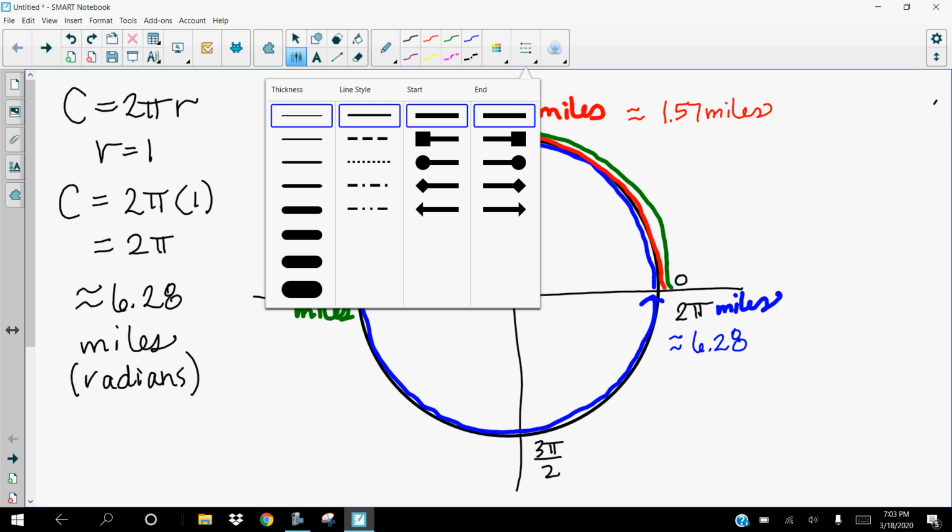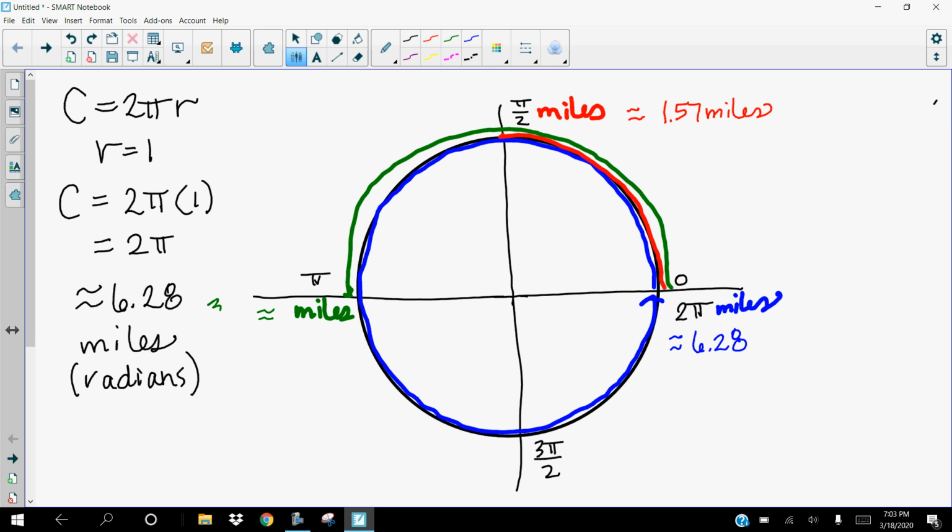Pi is approximately what, everybody? And everybody says 3.14, but I can't hear you because, you know, coronavirus sucks. Anyways, 3.14 miles. So if you took a tape measure and measured how much you walked from the starting point at 0 all the way to this point on the other side of the axis, it's about 3.14 miles, again, or radians. All right, let me get a different color here.